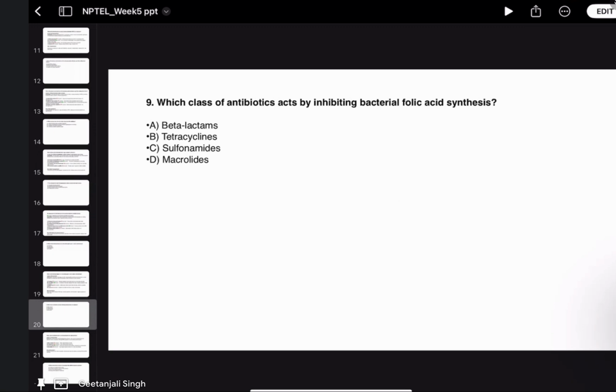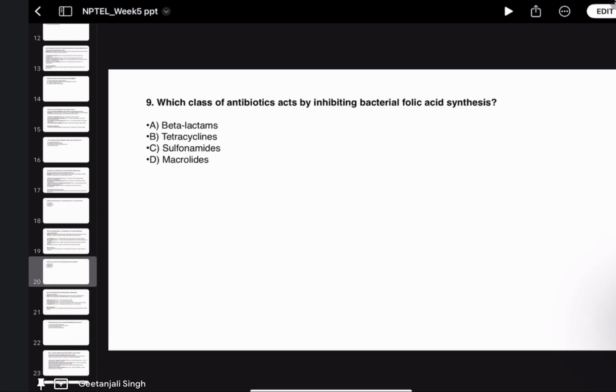Number 9. Which class of antibiotics acts by inhibiting bacterial folic acid synthesis? You have the four options. If you remember, we just discussed this.